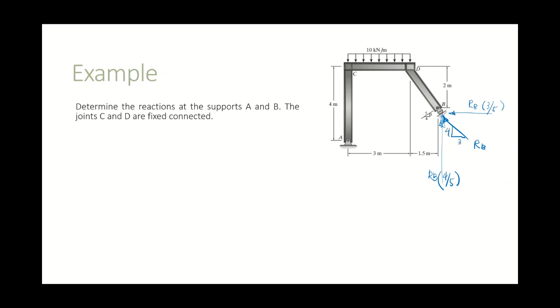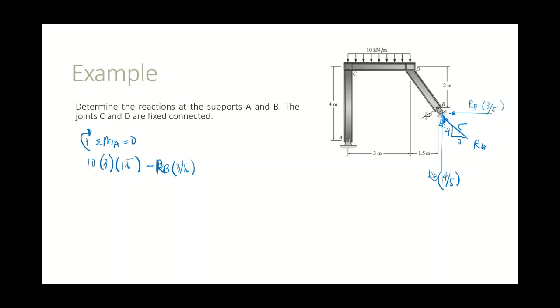Doing the equation, again, summation moment A equal to 0, positive clockwise. This will eliminate the reactions at A. So, 10 times 3 to become a concentrated load, times the moment arm, 1.5. RBX is counterclockwise, so minus RB times 3 over 5.